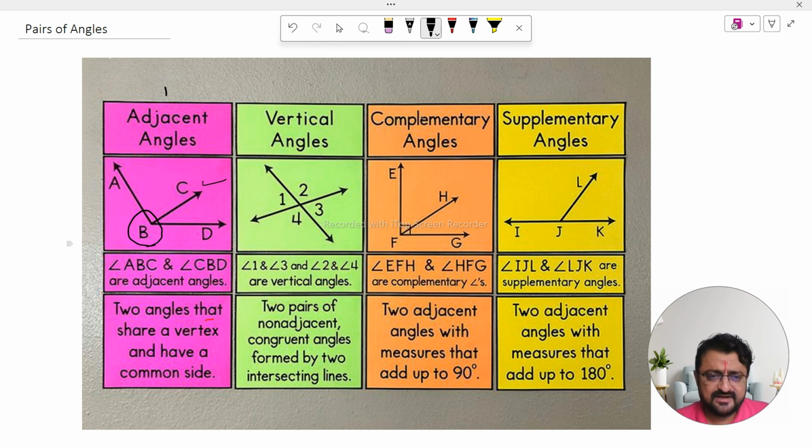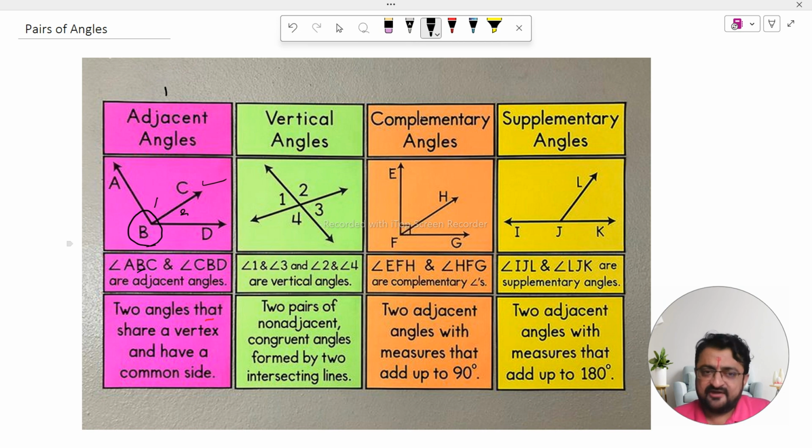If I add these two angles, angle number 1 and angle number 2, then angle 1 plus angle 2 will give me the full angle. Here the two angles are an adjacent pair. You can see on the screen angle ABC and angle CBD.